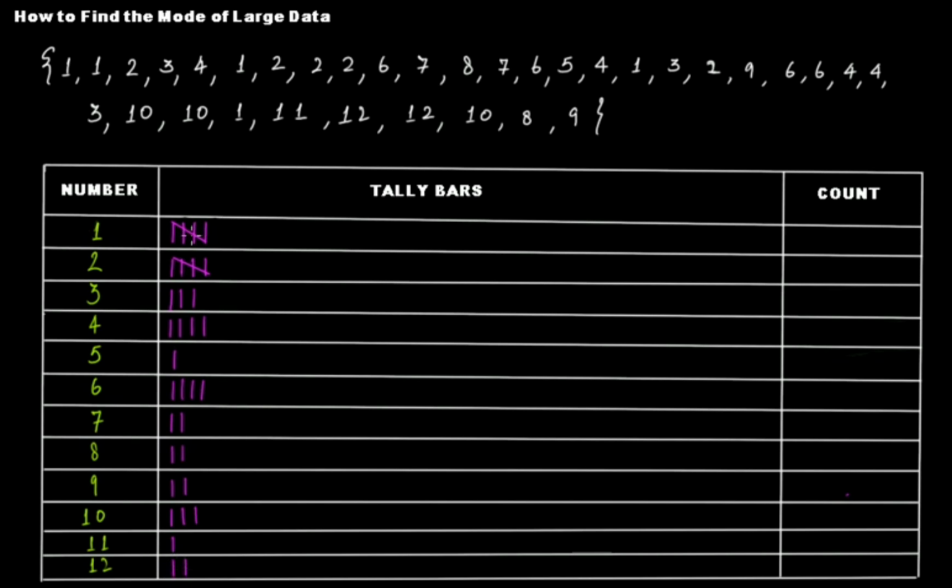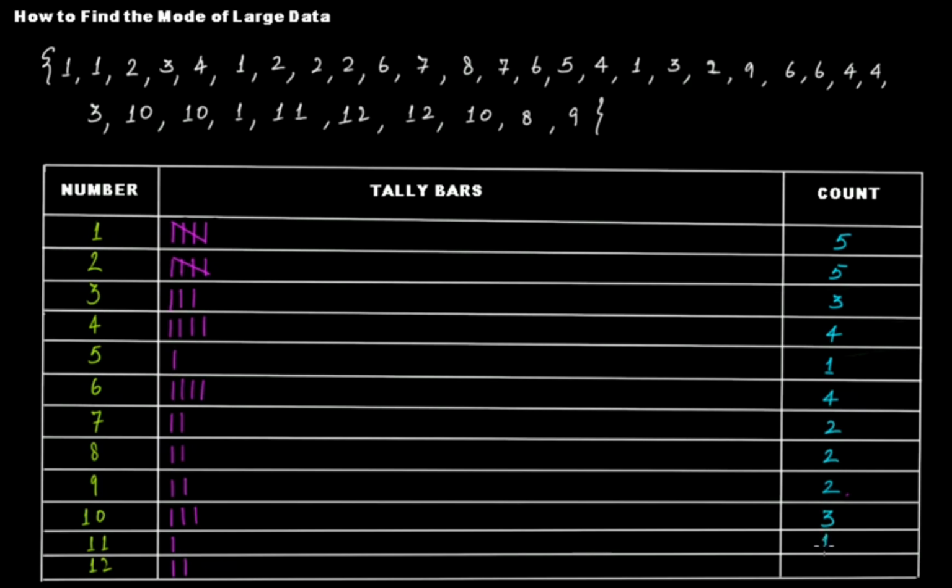Okay, so let's write the count now. This is 5. This is also 5. This is 3. This is 4. This is 1. This is 4. This is 2. This is 2. This is 2. This is 3.